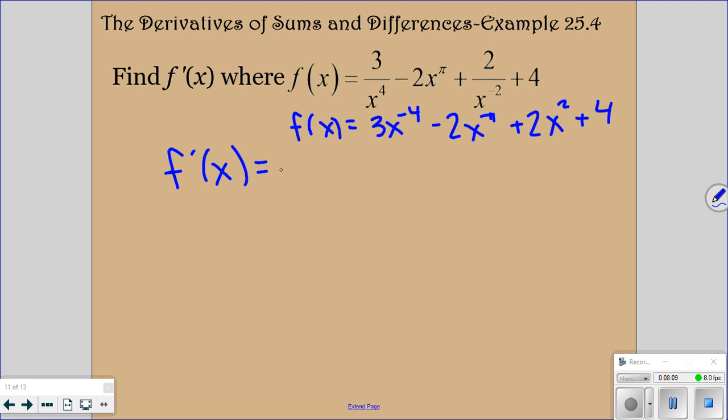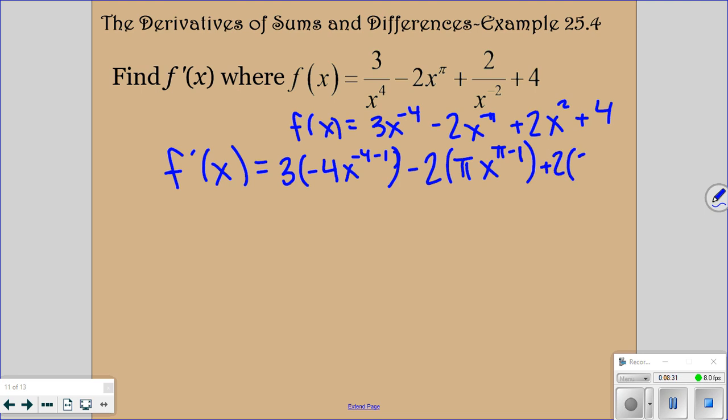So we're going to take the derivative of the first term. So we're going to do negative 4 and then x to the negative 4 minus 1, minus 2 pi comes in front, and then x to the pi minus 1. That's going to stay just as pi minus 1. And then plus 2x to the 2 minus 1.